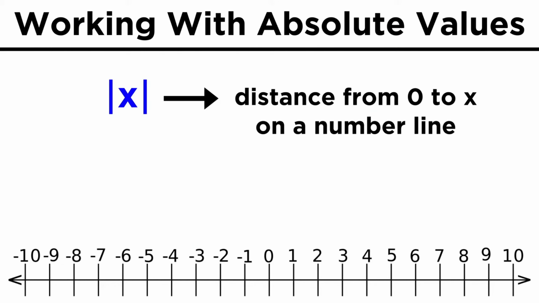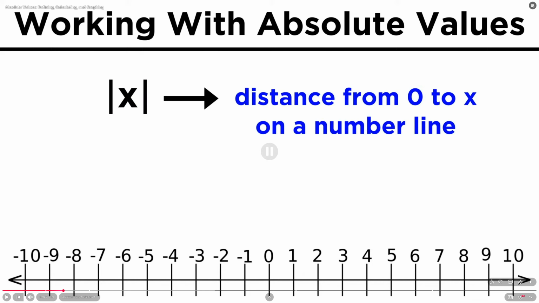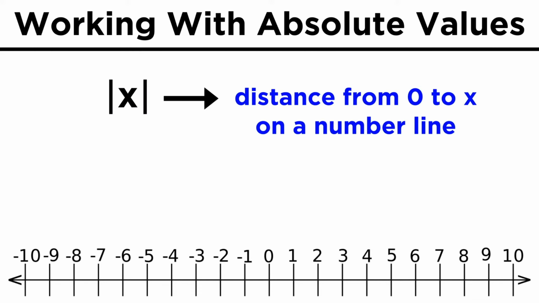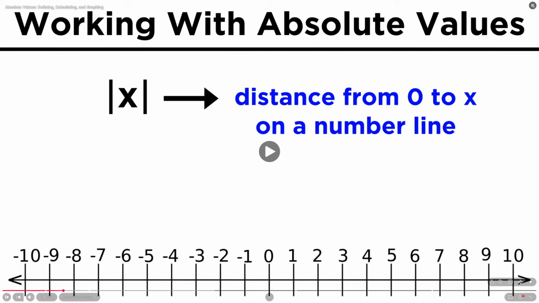The absolute value of any real number, x, which is denoted by these little bracket type things, is the distance from 0 to that number on a number line.